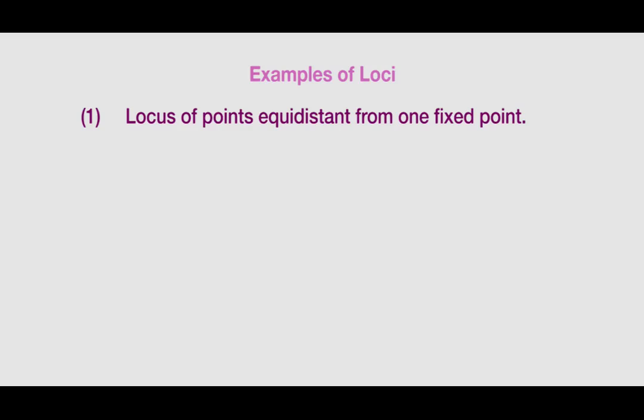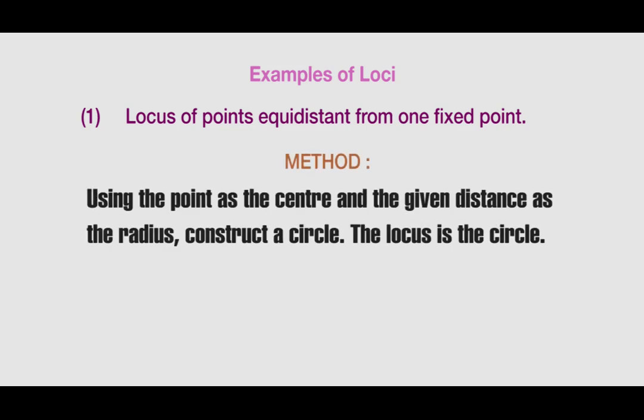Locus of points equidistant from one fixed point. Let's see the method of constructing such a locus. Using the point as the center and the given distance as the radius, construct a circle. The locus is the circle.